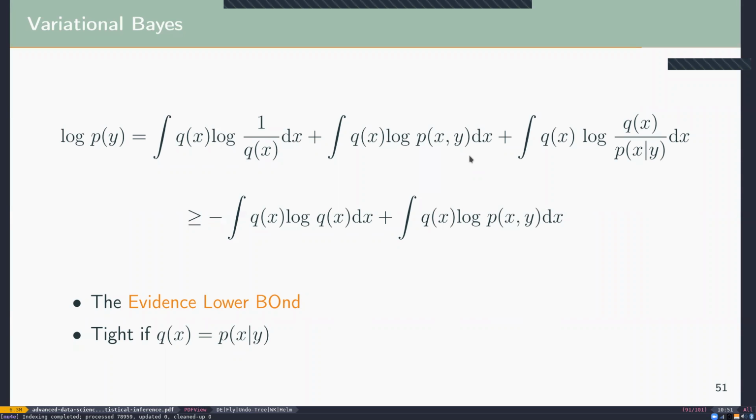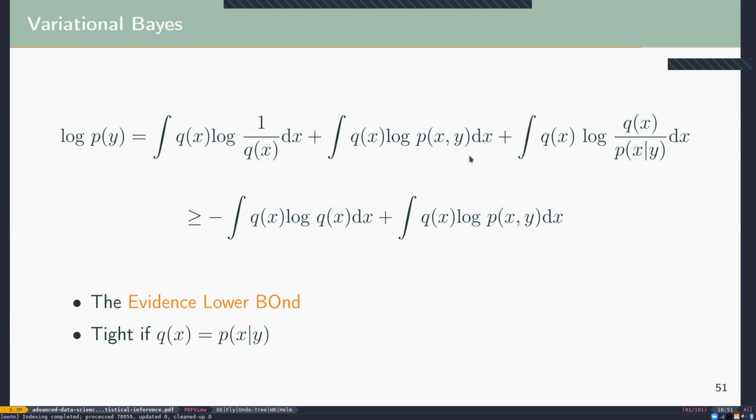What I showed previously in a couple of slides was that that object there is always positive. It's not very hard to show that it's always positive. It's always positive, and it's equal to 0 if Q of x is equal to P of x given y. Because of that, I can now say that the remaining terms are actually a lower bound on this.